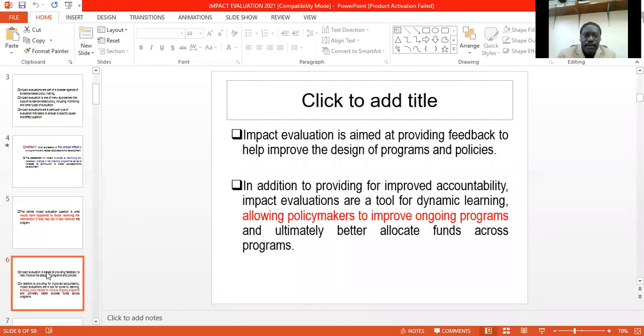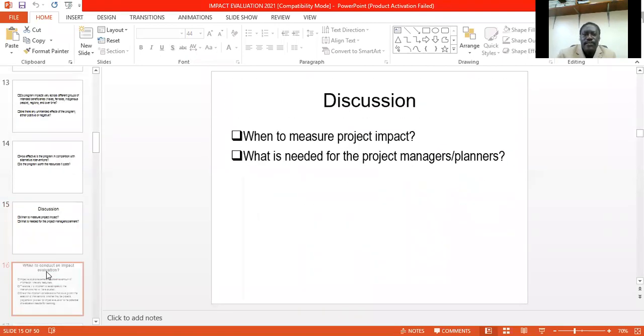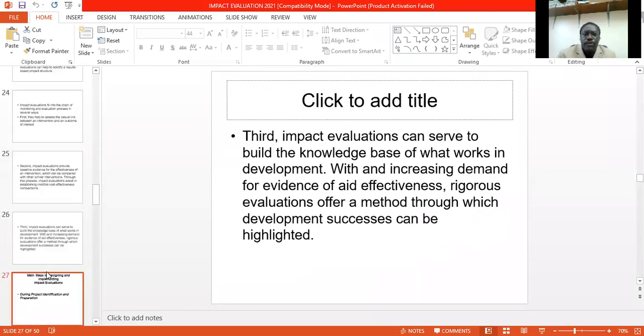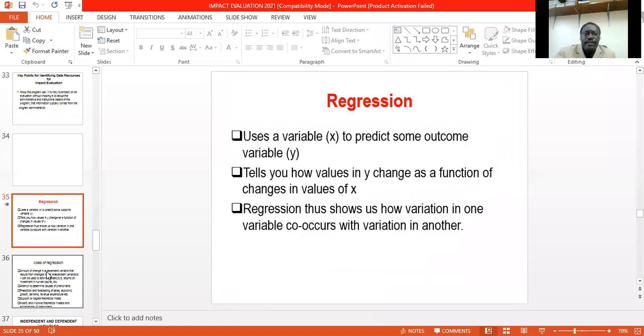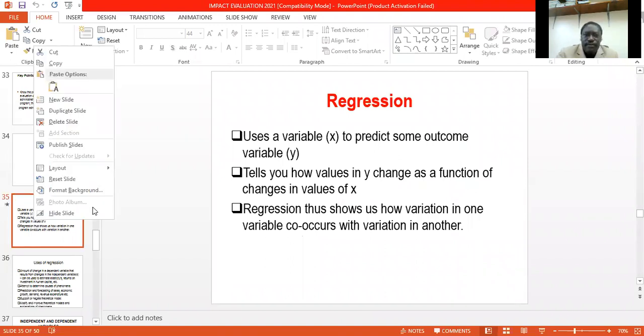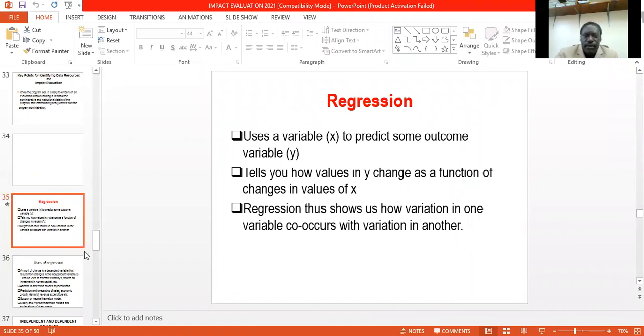So what we were talking about is the variables that we can use in terms of running the impact.